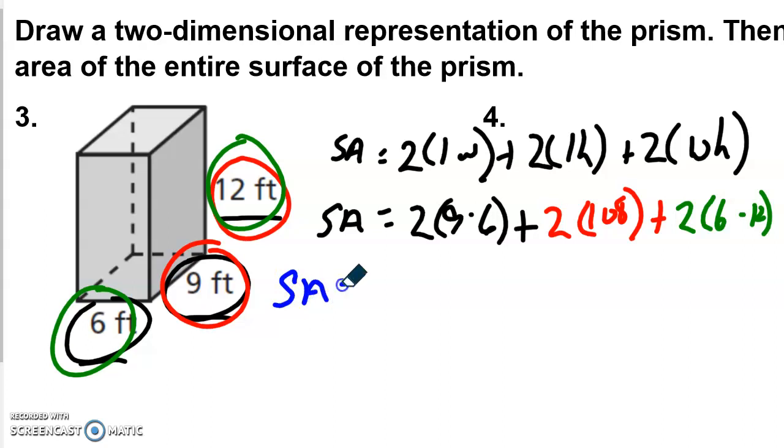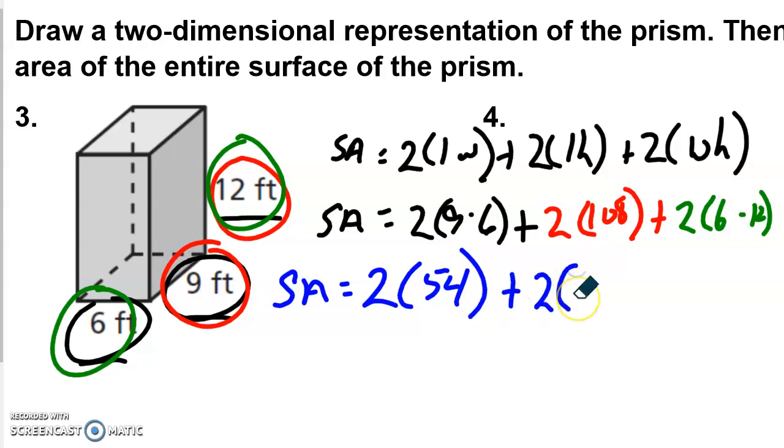So this is going to be 2 times 54 plus 2 times 108. Oh, okay, I like the way I did that. Sorry, got ahead of myself. And then the last one is 2 and 72.